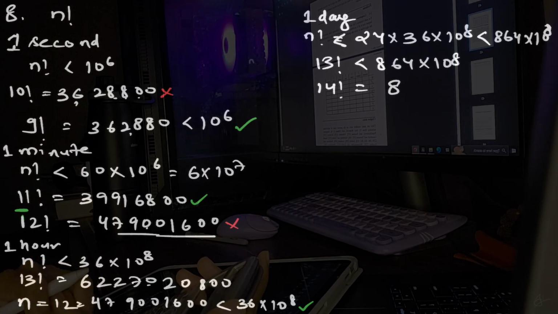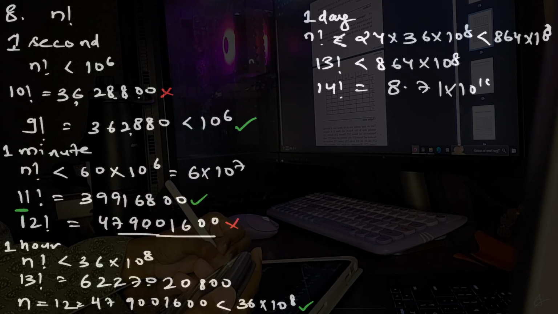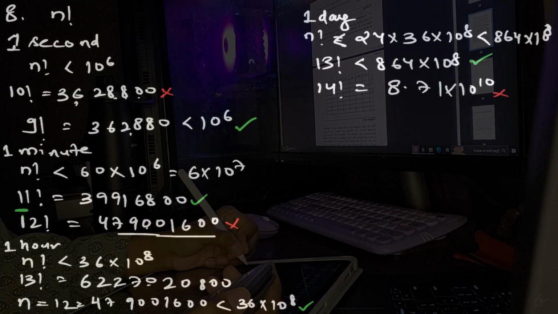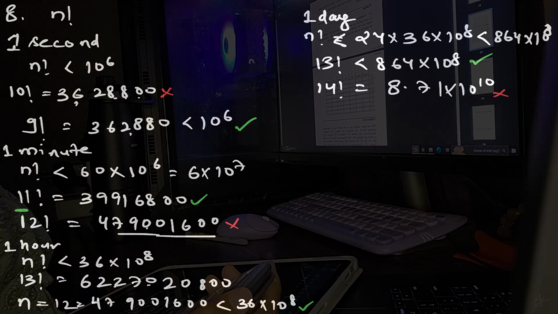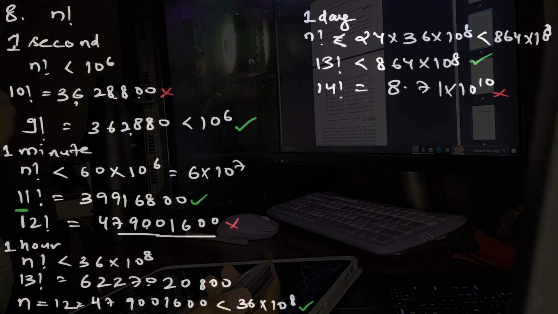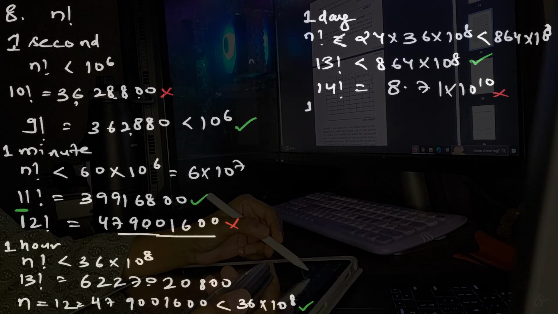It is 8.7 into 10 to the power of 10. So definitely this does not suffice, and 13 does. So for 1 day we can process 13 values. Now 1 day done. Nice.